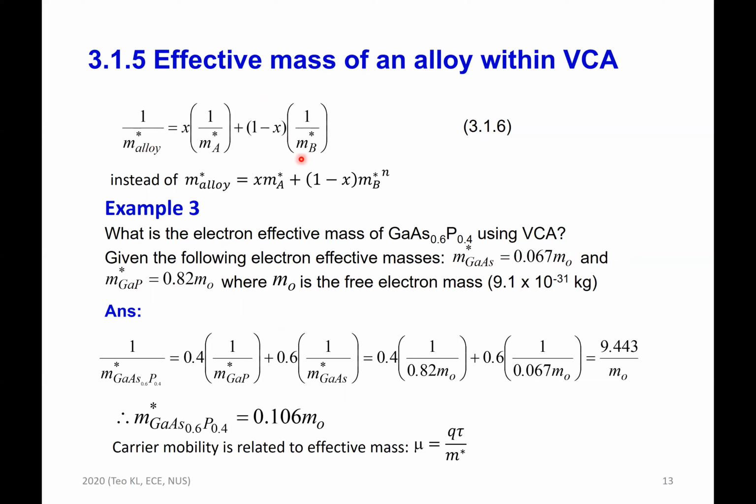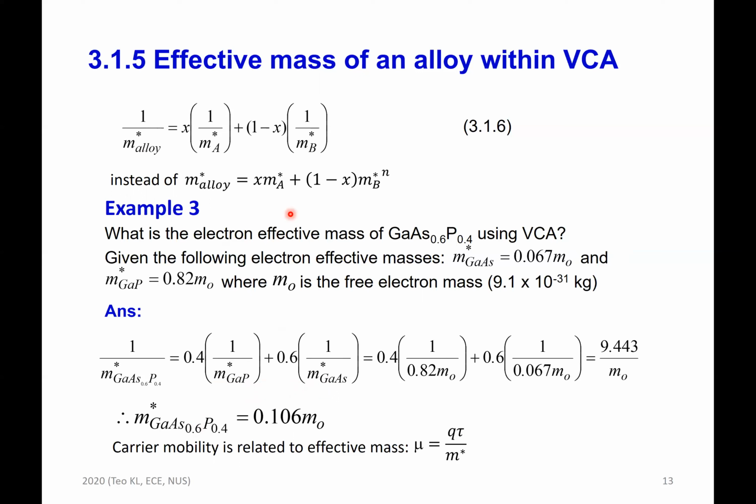By using this equation, you can calculate it: 0.4 times 1 over the effective mass of gallium phosphide plus 0.6 times 1 over the effective mass of gallium arsenide. And by plugging in the values, you can calculate the effective mass of the gallium arsenide phosphide alloy.